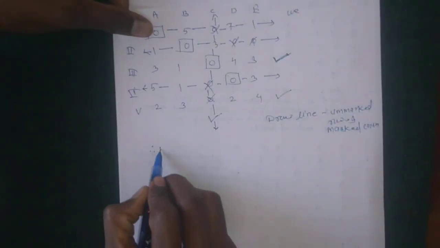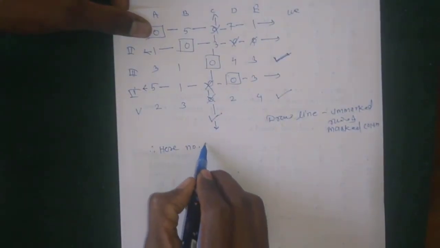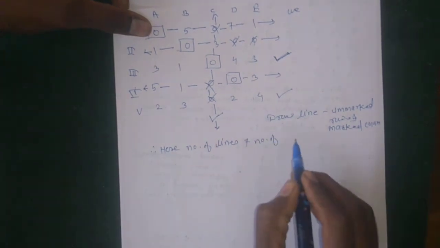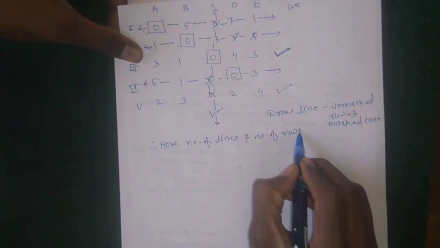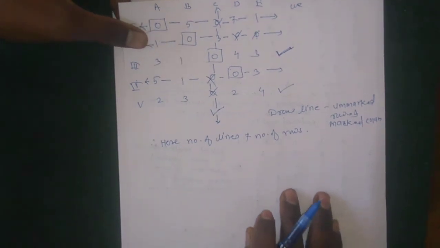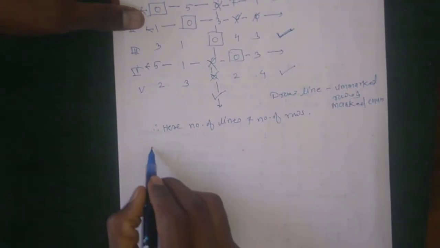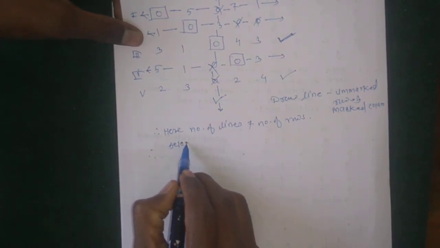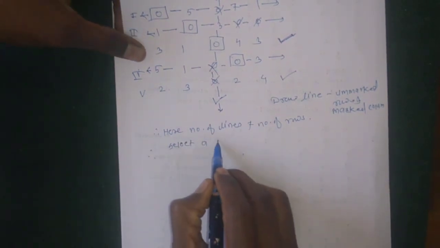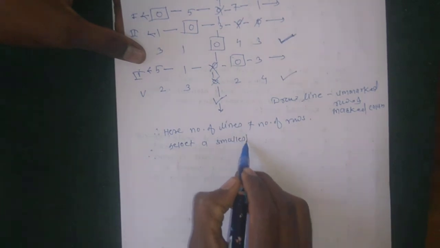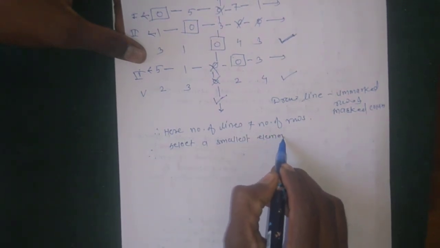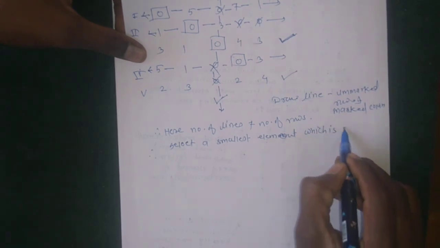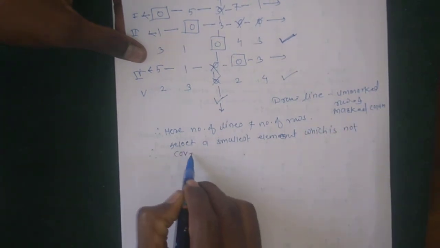Okay, here the number of lines is not equal to the number of rows or columns, and therefore select the smallest element which is not covered by a line.